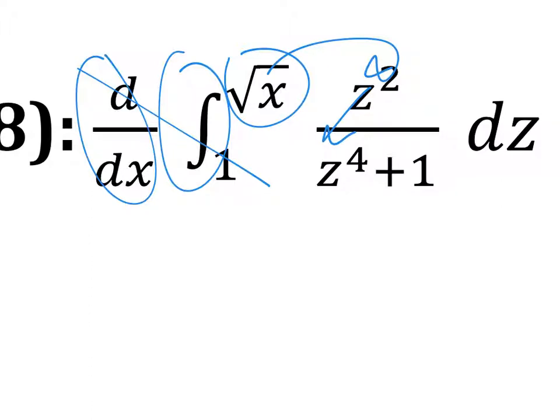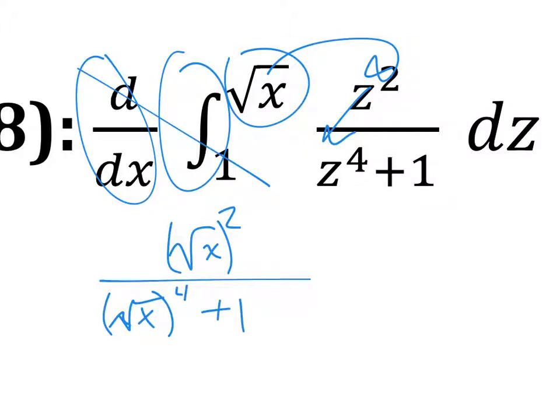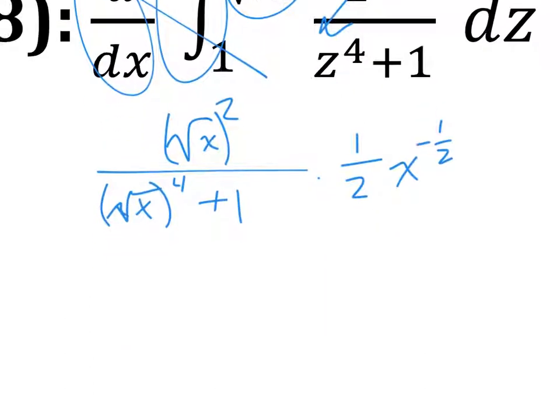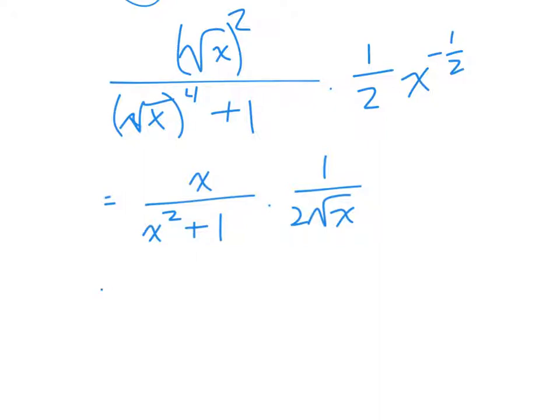So this becomes square root of x squared over square root of x to the fourth plus 1, times, because the limit is not just an x, we have to take the derivative, so it's 1/2 x to the negative 1/2. Simplifying, x over x squared plus 1 times 1 over 2 square root x. Simplifying a little bit more, square root x over 2 times (x squared plus 1).